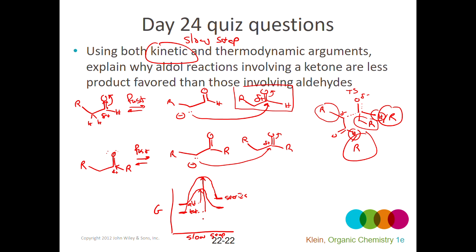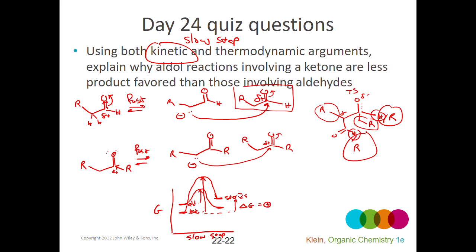Also, the delta G value is positive because even though we're going from a pi bond to a sigma bond in the product that's forming here, the sterics is going to make the products a little bit higher in energy. So the ketone is difficult to get through kinetically and the products are not very favored.